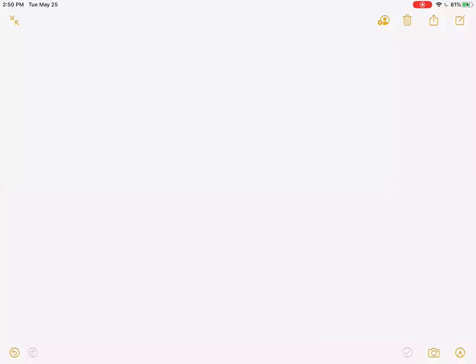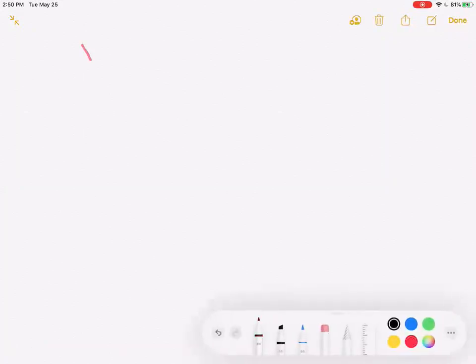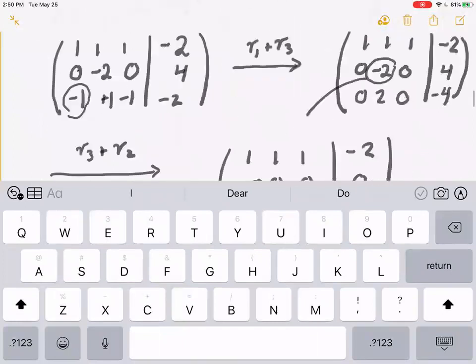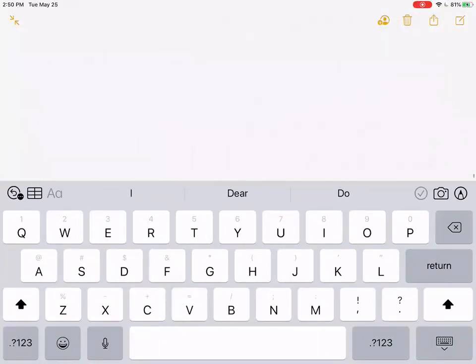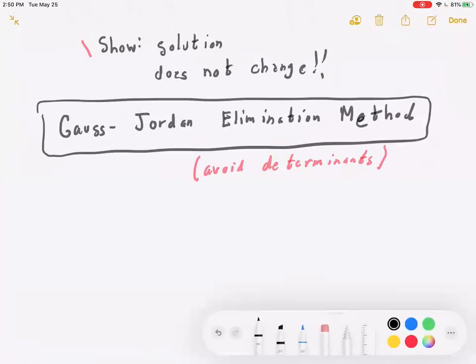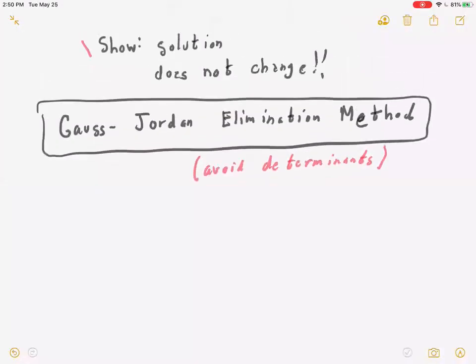Okay, so let us resume and write down or remind ourselves what we're trying to do. So we want to use the Gauss-Jordan elimination scheme to solve a set of linear equations without having to worry about determinants.